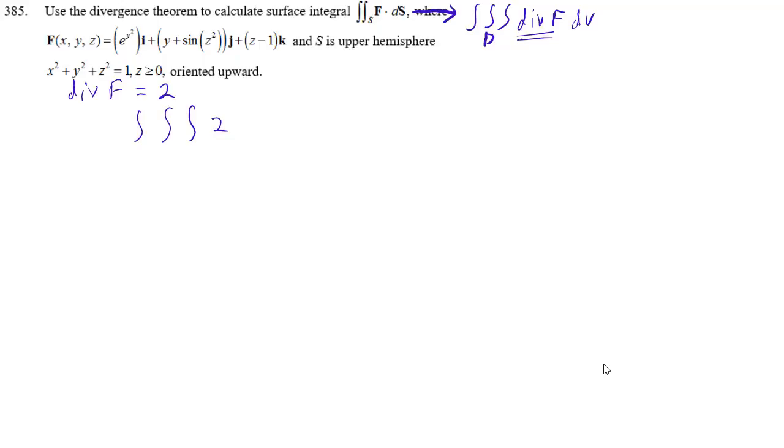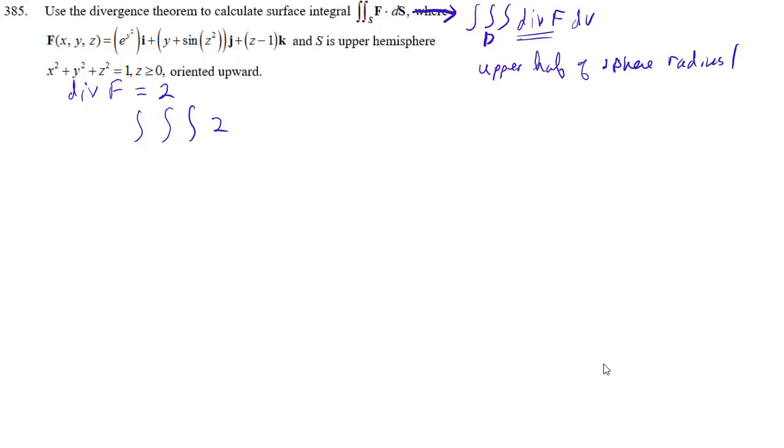And the region needs to be the upper half of a sphere, radius 1. Now, the sphere of radius 1 would best be described in spherical coordinates.